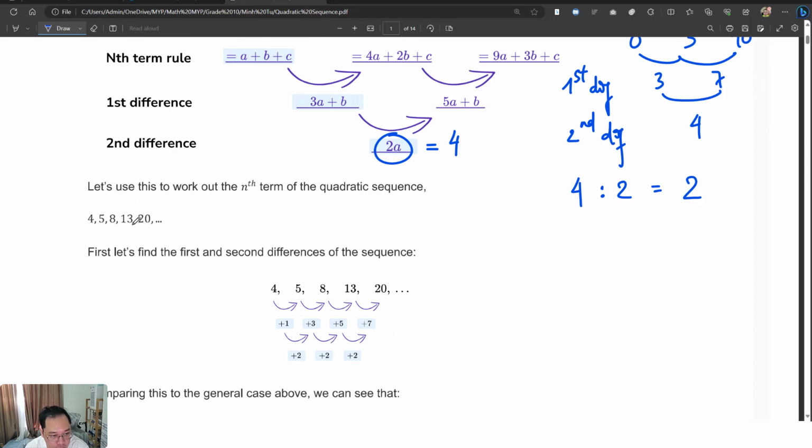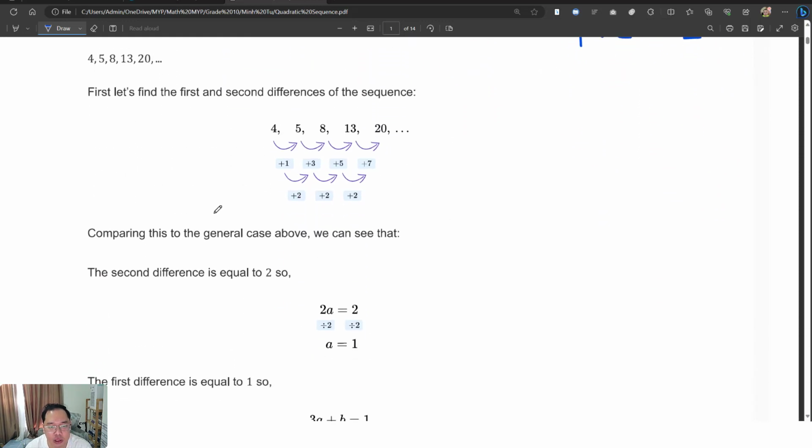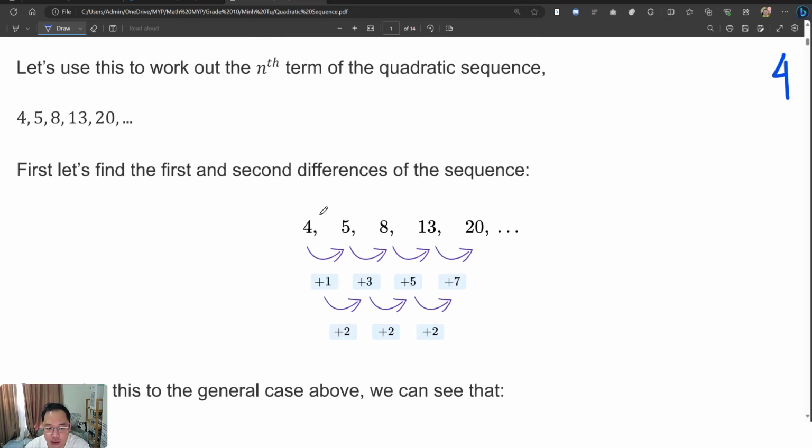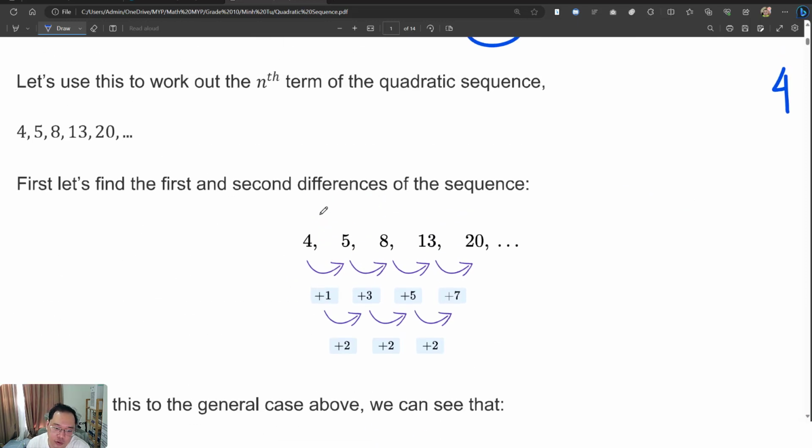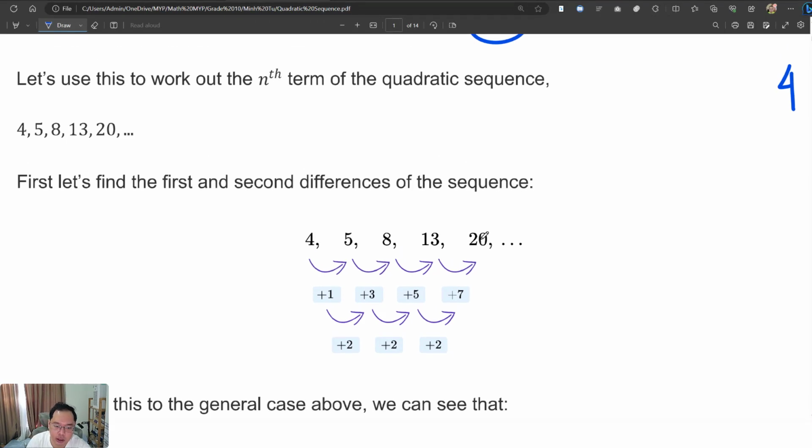Here we have another example, a quadratic sequence with the terms 4, 5, 8, 13, and 20. Here are the first 5 terms: 4, 5, 8, 13, 20. The first differences are 1, 3, 5, 7.